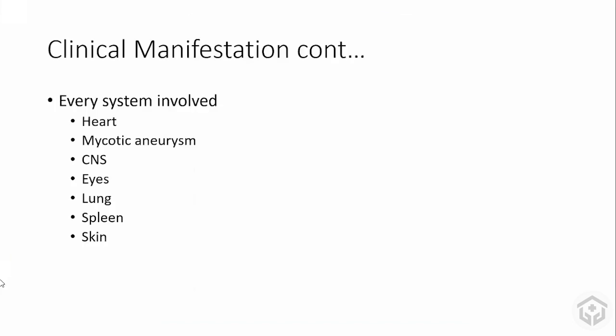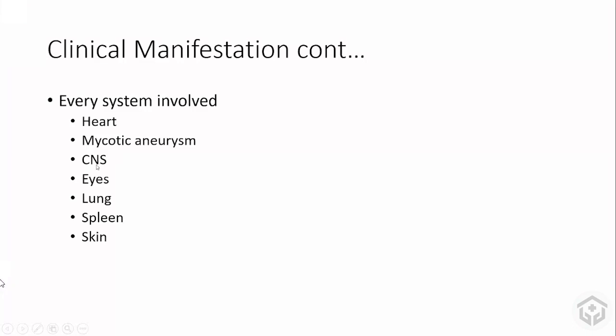From these signs and symptoms you can see that each and every system of our body is involved. It is known as a multi-system syndrome. The heart is the starting point, with the valve and the vegetations, and that can lead to a mycotic aneurysm, a dilation of the cardiac wall.